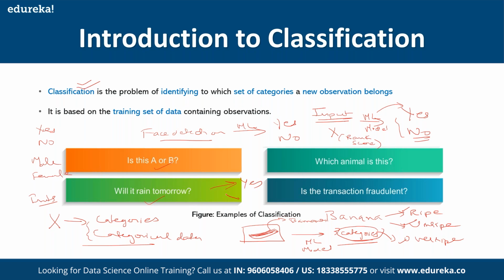The answer will be yes or no. Which animal is this? We will have to define the number of animals. So it may be a tiger, lion, or a cat, right? Or a dog, right? 4 categories we have defined. Is the transaction fraudulent? Yes or no, right? Such kinds of problems are known as classification problems in machine learning.